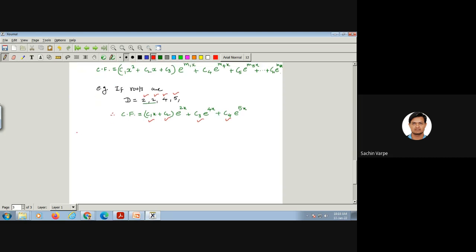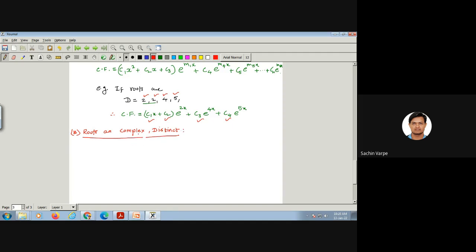Yes, sir. The next nature is if the roots are complex, distinct, complex non-repeated root, or imaginary and non-repeated root.